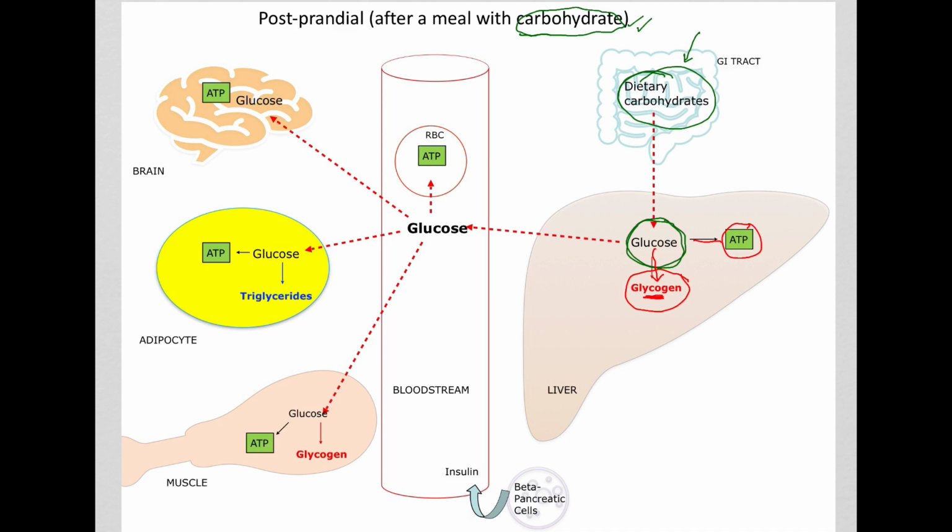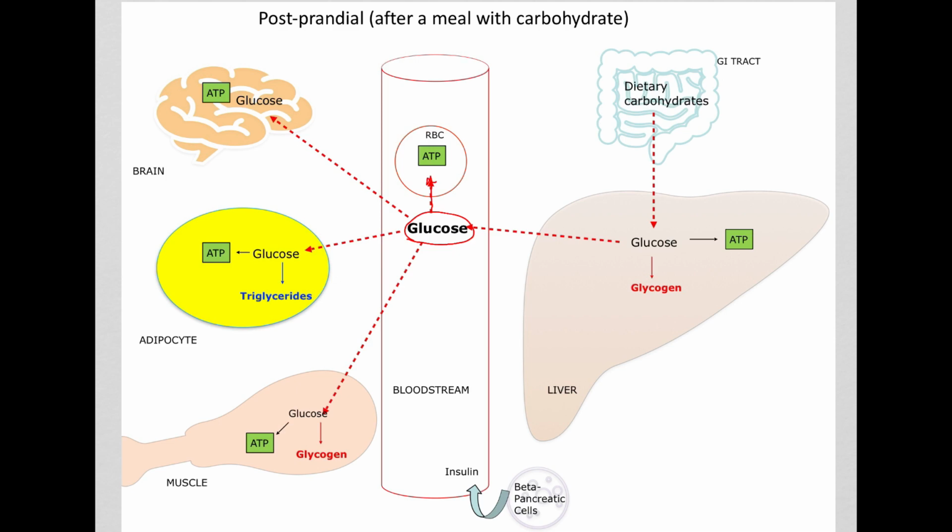As we shall see later, in early starvation this glycogen is broken down to glucose to maintain our blood glucose concentration. So the glucose that you get from your diet will be used to replenish this glycogen. Then the glucose will go to the rest of the body.